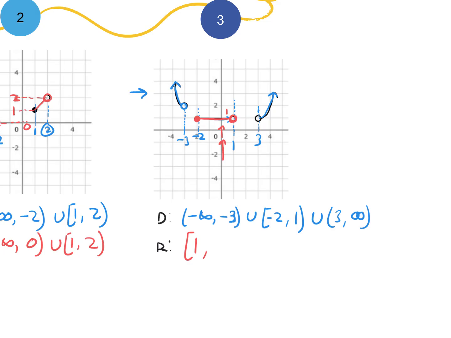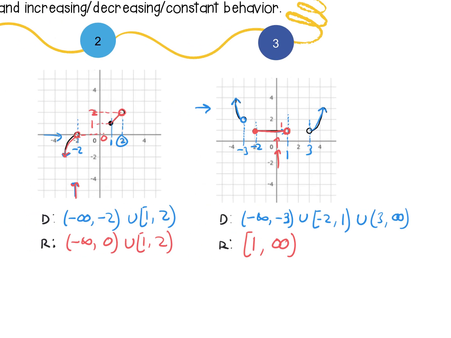So keep in mind with the y values, we are allowed to have 2 different outputs. This particular graph just has 2 different outputs for y. So we're going to go all the way up to infinity, and we're never going to stop touching the graph. It's going to stay going up forever and ever. So every value between 1 and infinity, our graph is going up and it's defined. So that's it for our domain and range.